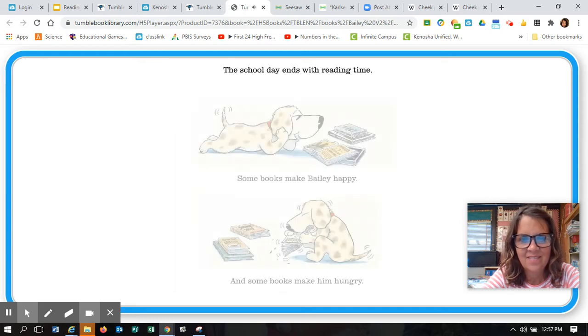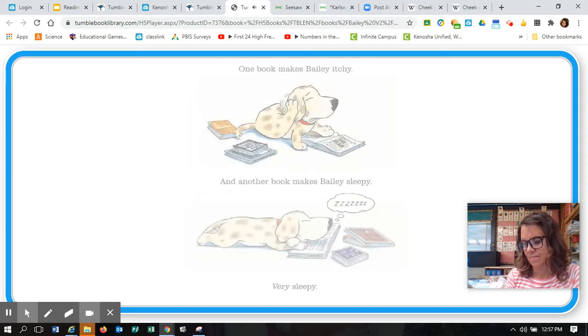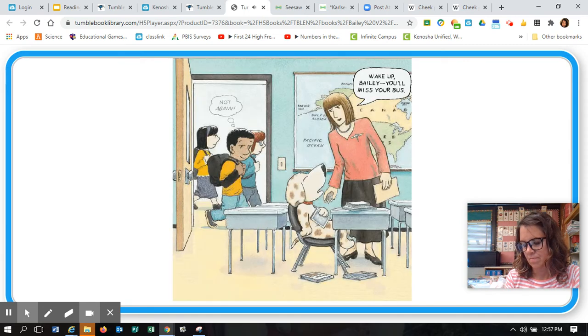The school day ends with reading time. Some books make Bailey happy, and some books make him hungry. One book makes Bailey itchy, and another book makes Bailey sleepy. Very sleepy. Wake up, Bailey, you'll miss your bus.